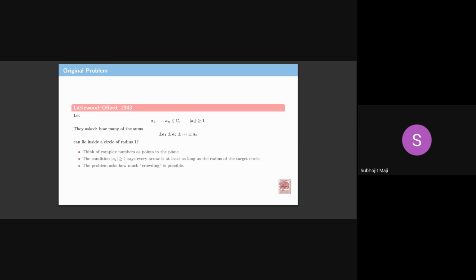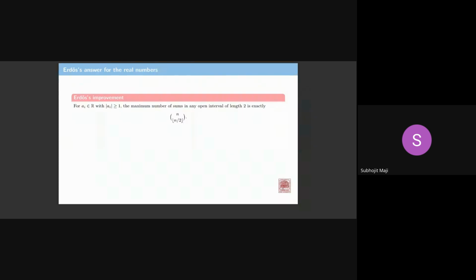To answer this, Littlewood and Offord gave a very good optimal bound for the probabilities, but then there came Erdős, and he said some really nice stuff. So we'll focus on Erdős's proof and how he went on to do it. Erdős's answer for the real number case: moving from complex numbers, we go to real numbers.